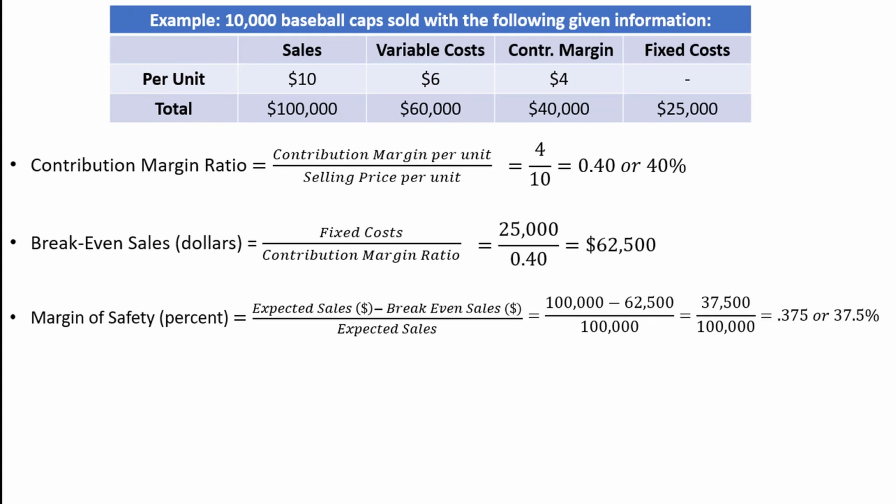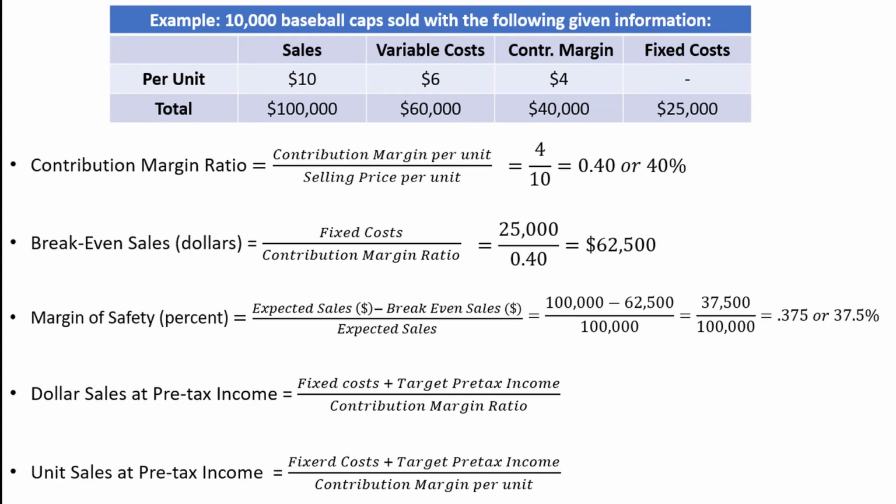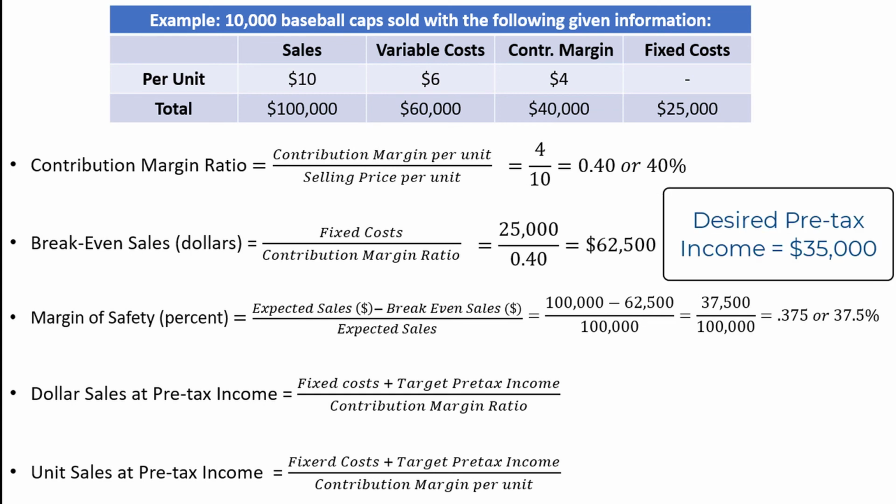The final set of formulas we will consider relate to a target pre-tax income that a company may seek to earn either in dollar sales or in units. These formulas are identical to the break-even point formulas, except now you must add the pre-tax income to the numerator. Let's suppose this company wants to make $35,000 in pre-tax income. The dollar sales required would be equal to $25,000 in fixed cost plus the $35,000 pre-tax income divided by the contribution margin ratio of 40%.